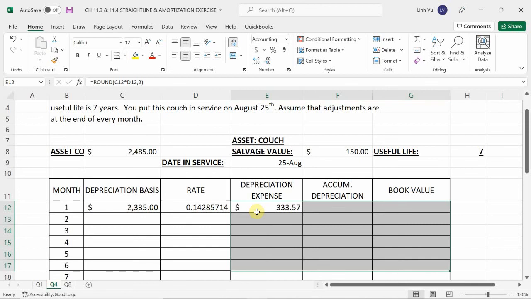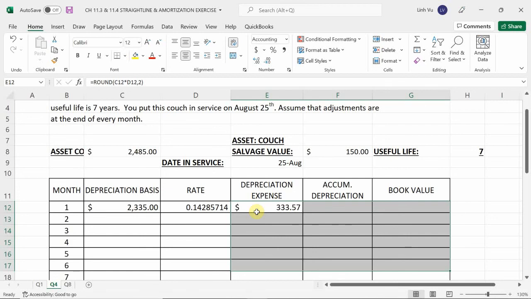We need to do it for every month. Right. Okay, good. So this is for a whole year. So how are you going to figure that out? We got August.